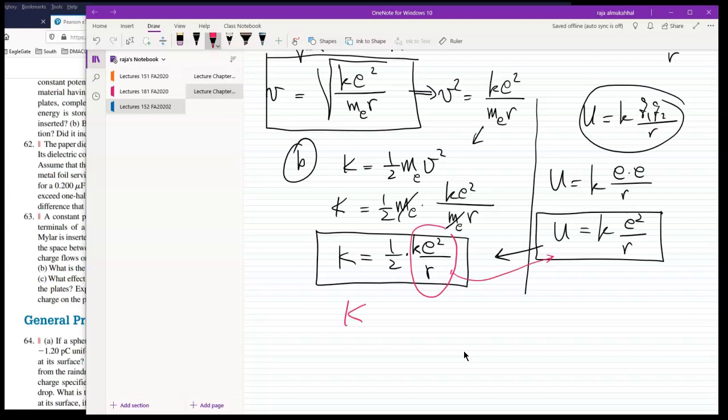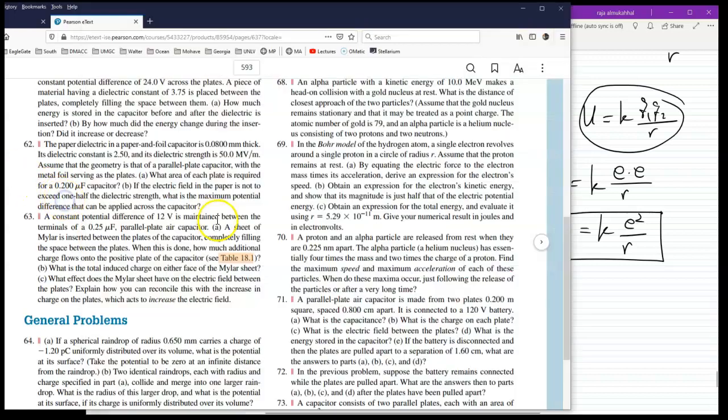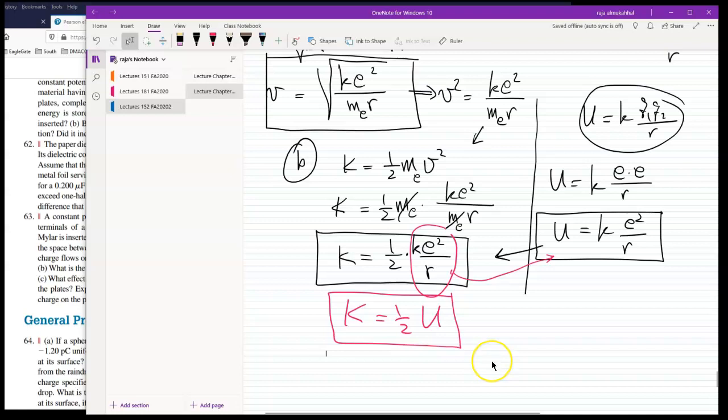So I can say that the kinetic energy is equal to half the potential energy. You see that? Let me go back to part B and see what he says. Obtain an expression for the electron kinetic energy, which we have done, and show that its magnitude, which means ignore the minus sign, is just half that of the electric potential energy. That's exactly what we've done right there. So it is half of it.